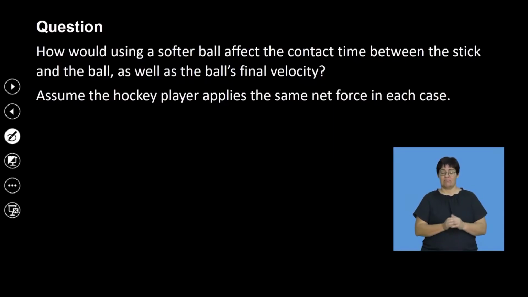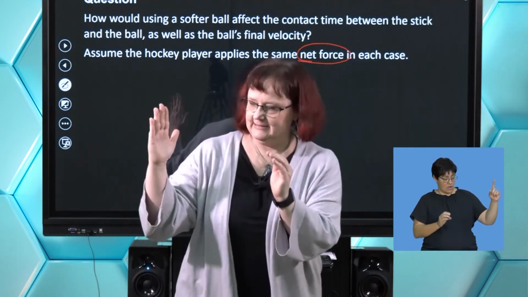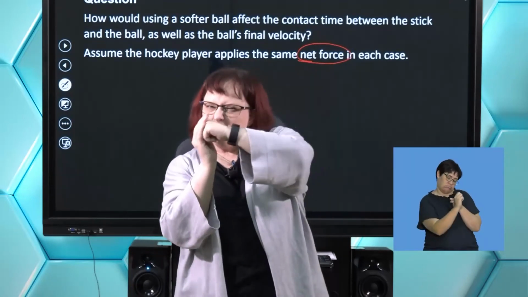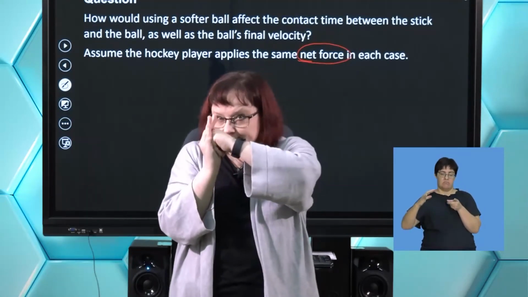Now, how would using a softer ball affect the contact time between the stick and the ball as well as the ball's final velocity? Very important now. We apply the same net force. Now, when the hockey stick hits the ball, it deforms a little bit, okay?